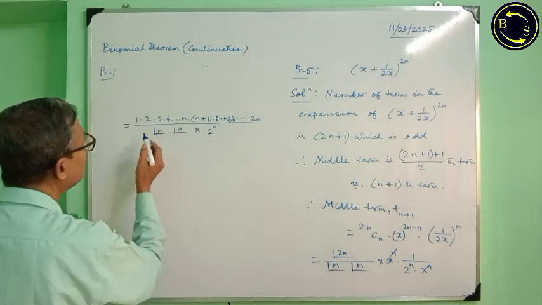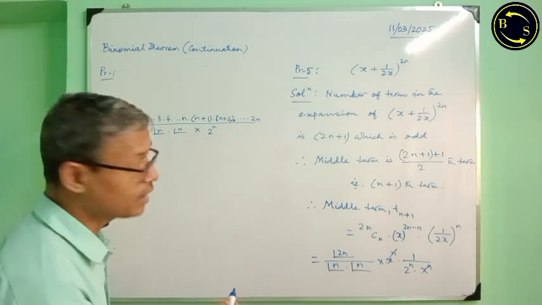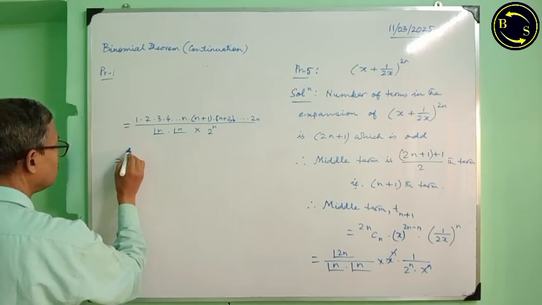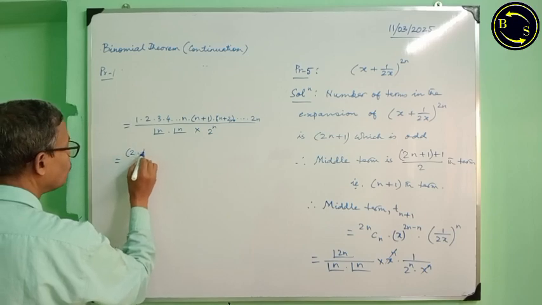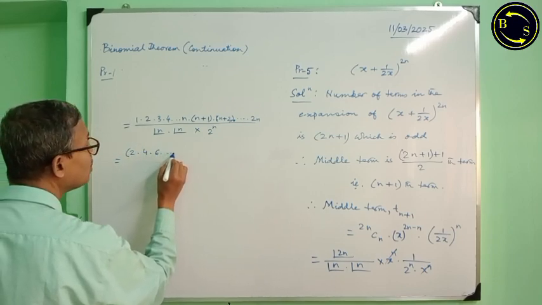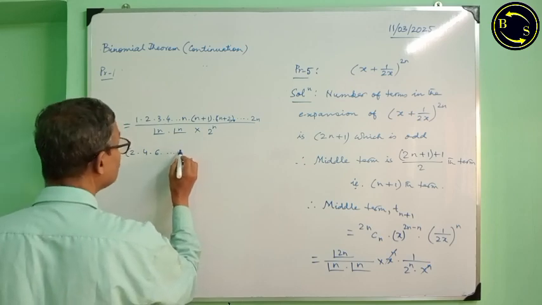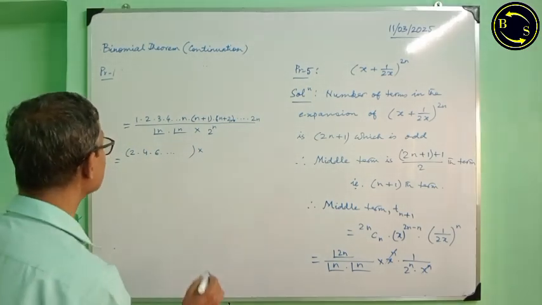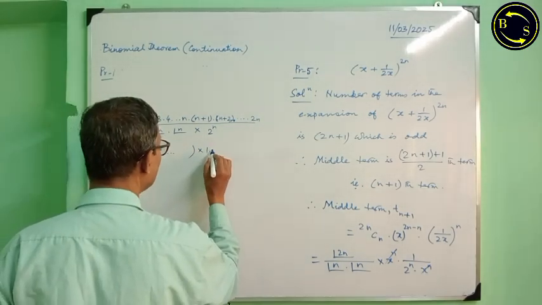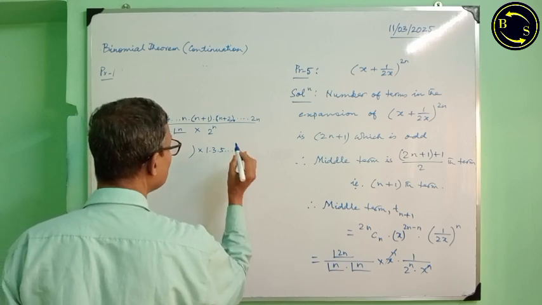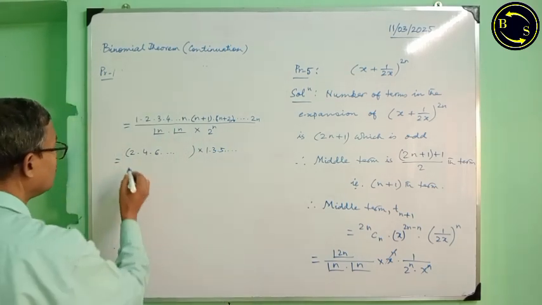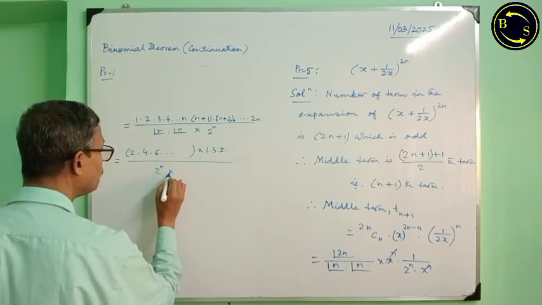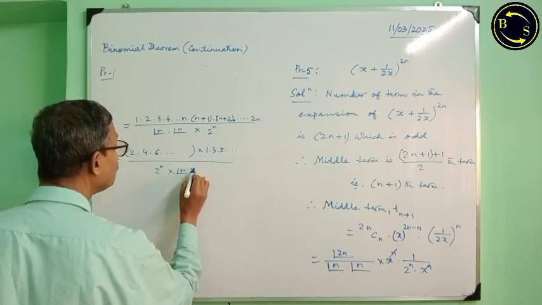Now I take all the numbers occupying even places, 2, 4, 6 like this, into the numbers occupying odd places, that is 1 into 3 into 5 like this, then 2 to the power n into factorial n into factorial n.